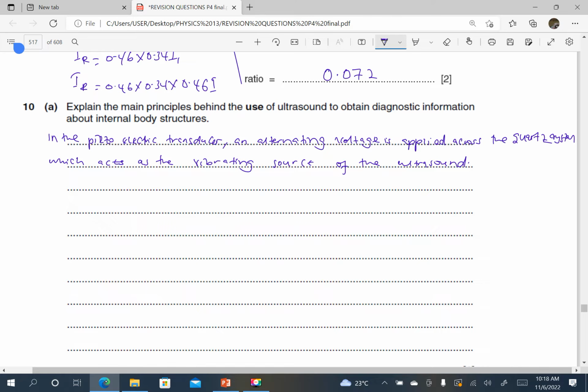Now we have ultrasound. A transducer is going to be placed.